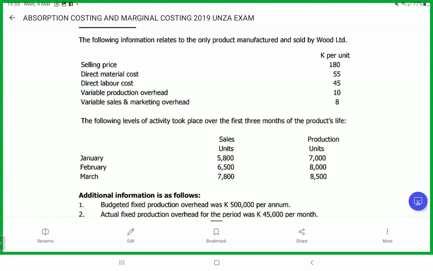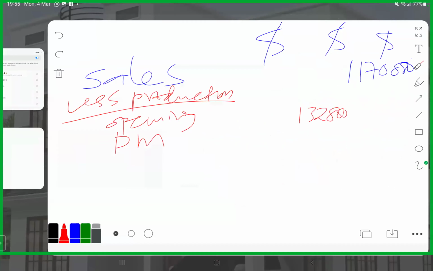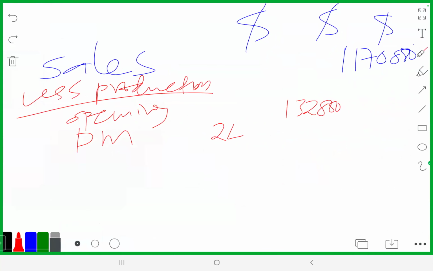What does that give us? 55 times 8,000 is 440,000. Okay, 440. No one is getting lost out of this.